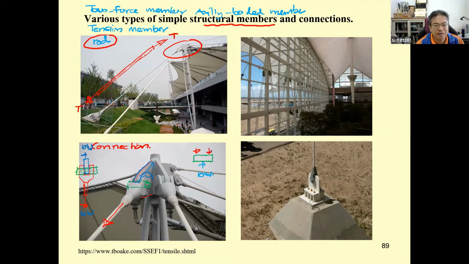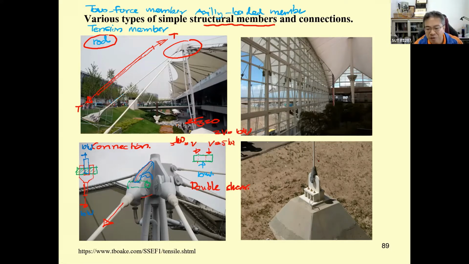If this is V, and this is V, you may have the summation of F sub y equal to 0, 2V equal to 10 kilonewton. So each V is going to be 5 kilonewton, and the cutting plane of this bolt is going to be 2. So we call this one double shear. This is double shear.